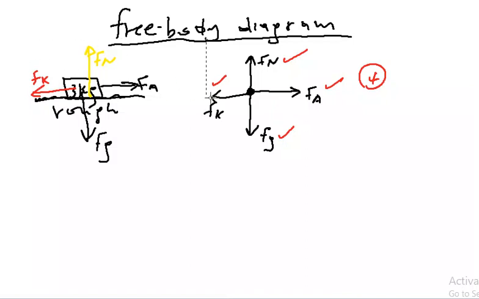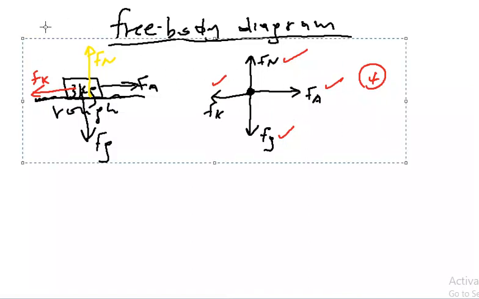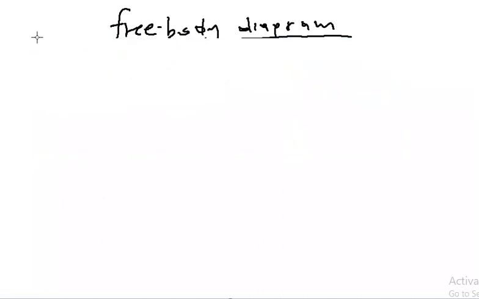Now let's draw another object here, another system. Let's have another system, free body diagram. So let's say the same object, that is 3 kg, the 3 kg block, which is on a horizontal plane or horizontal surface, and which is rough.